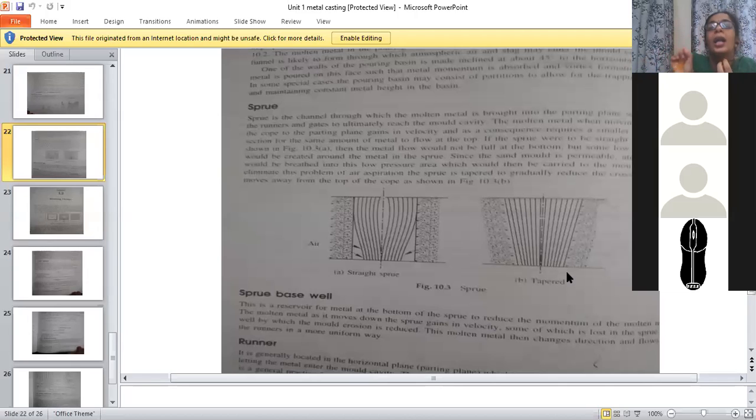If the air starts entering the molten metal, it will create an extra environment. You should not allow the moisture content to enter the molten cavity. You are pouring the sand to create a binding nature. In order to avoid that, you give different shapes of the sprue. You can use a straight sprue or a tapered sprue. You can even use different designs, but mostly they use two varieties, straight and tapered sprue.